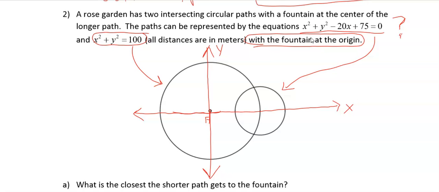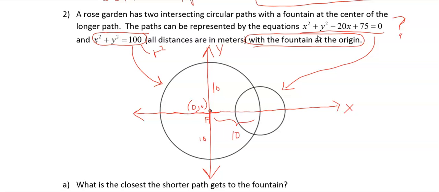Now, not only do I know the fountain is at 0, 0, but there's something else I know as well. X squared plus y squared equals 100. Look, there's my radius squared. So that means that the radius is 10 all the way around here. 10, 10. All of this piece right there, that's 10. The radius is 10 everywhere in that larger circle.